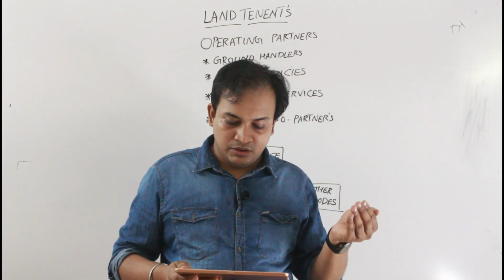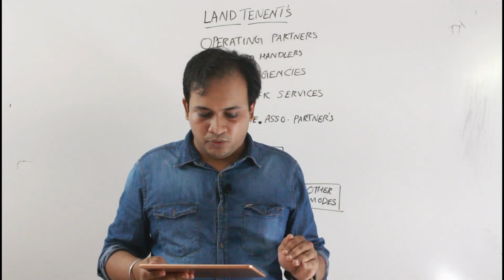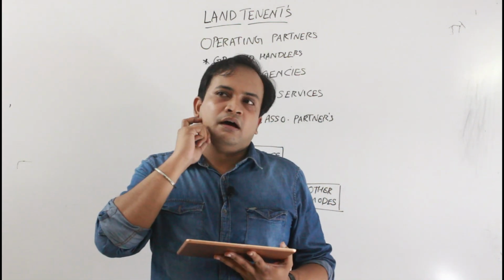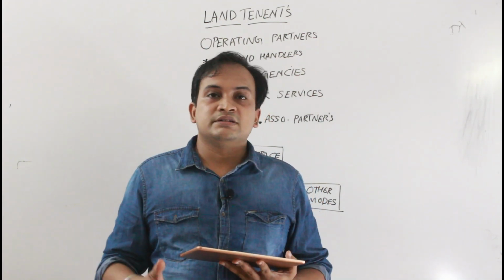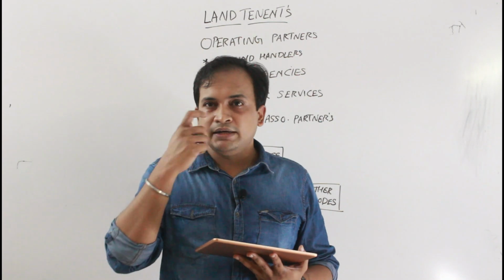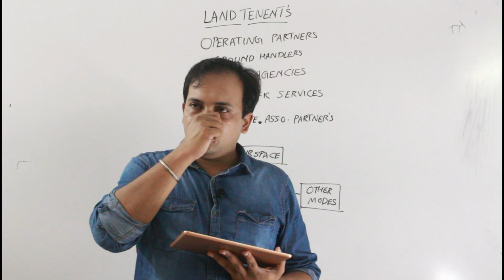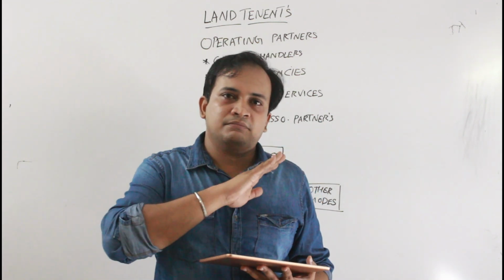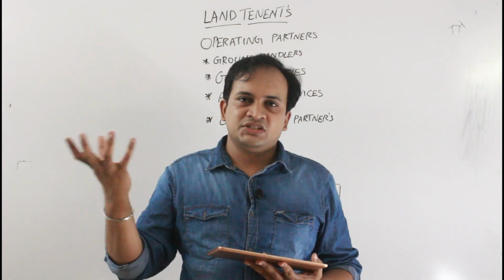Their relationship relates to the provision of a highway network to the airport, utilities and land use compatibility. For example, most of the airports in India are situated off the city limits. Obviously, because the city is fully crowded, with a lot of buildings and disturbance. You take Bangalore airport, or any airport in India, it is situated outside the city, usually in a municipality or a panchayat kind of area.